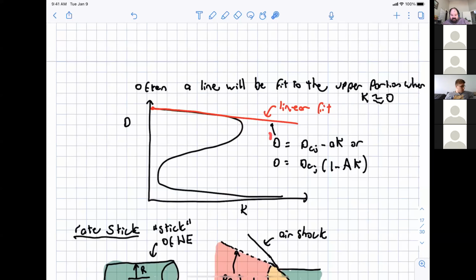And so if it's a linear fit, they'll have that the detonation velocity is equal to the Chapman-Jouguet detonation velocity, D_CJ, minus some coefficient times the curvature.